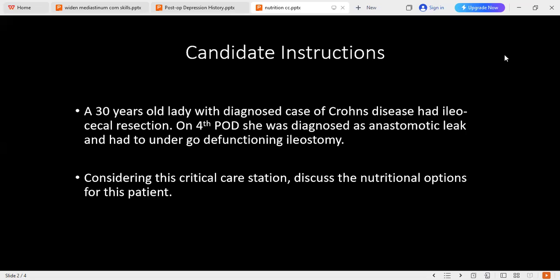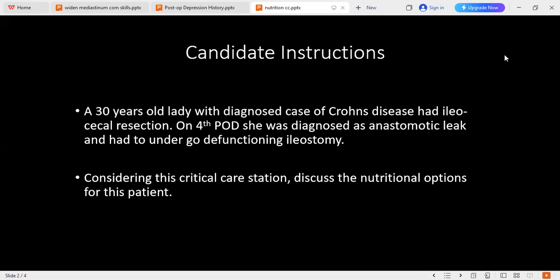How would you assess the nutritional status of a patient? What are the parameters that you'll consider? By history and examination, and body mass index and arm circumference, and comorbidities. What are the signs of malnutrition that you would observe in a patient?